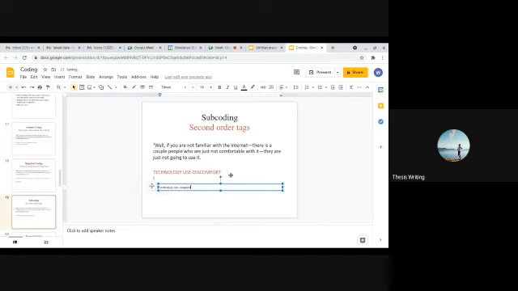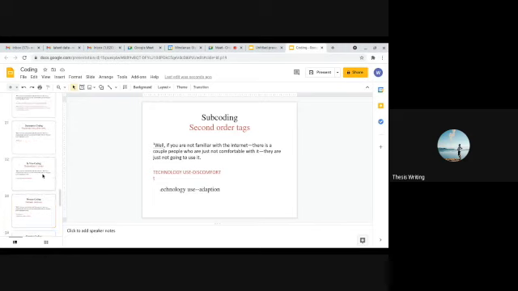So, in other words, dito sa technology use na topic, meron kang dalawang klaseng code. Yung isa, technology use discomfort, and then technology use adoption. Ito yung sinasabi natin na subcoding. Alright?